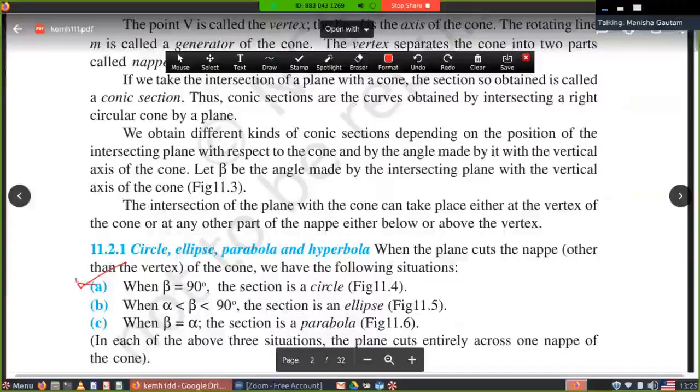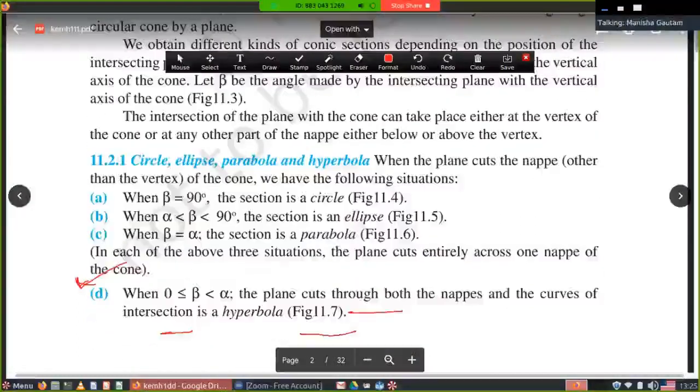In the second condition, if beta is greater than alpha but less than 90 degrees, then you are getting an ellipse. And when beta and alpha both are equal, we are getting a curve that is known as a parabola. And if beta is greater than or equal to 0 but less than alpha, the curve which you obtain is a hyperbola. We will study these curves step by step.